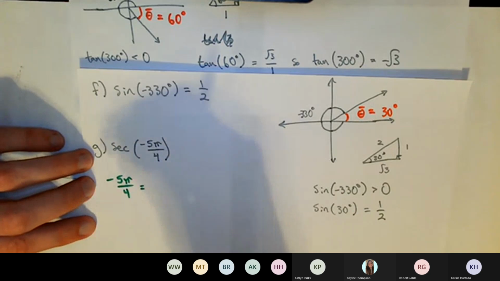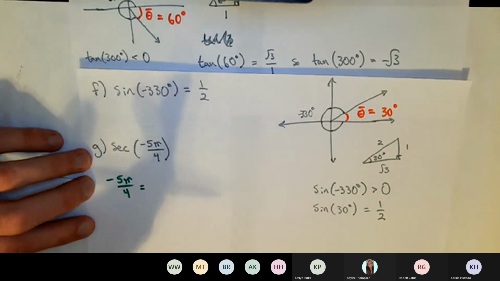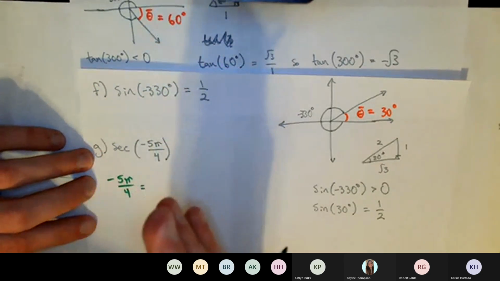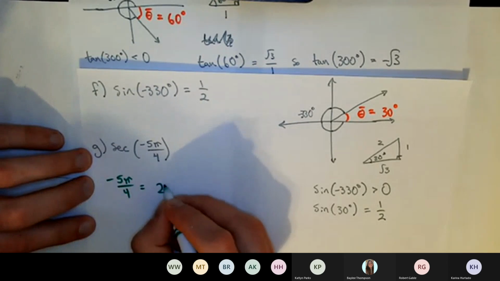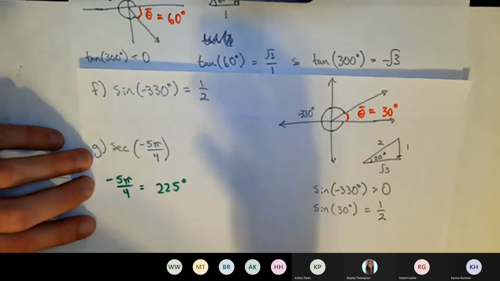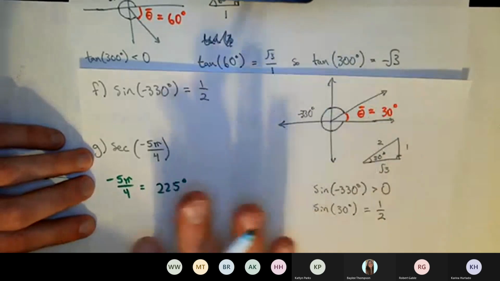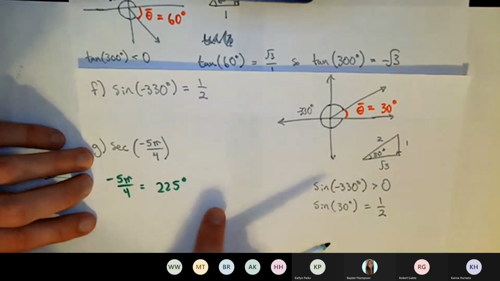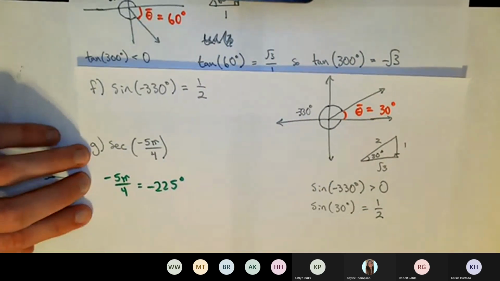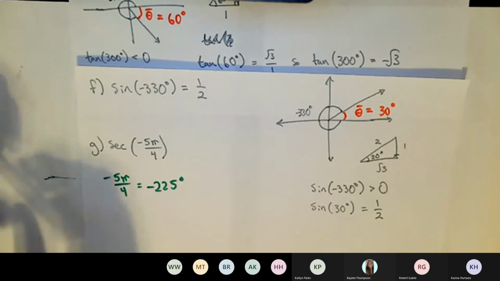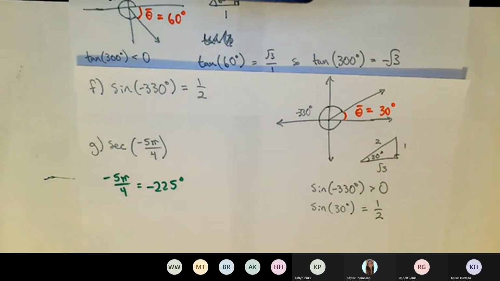So if I have 5 of those, that's 90, 180, and a little bit more, 225 degrees. Or you could just multiply by 180 over pi, that thing we learned at the beginning about converting radians to degrees. And by the way, it is still negative. That negative carries over. So we have a negative 225-degree angle.